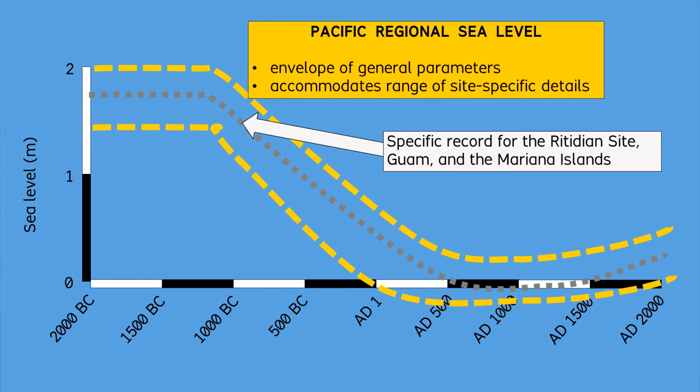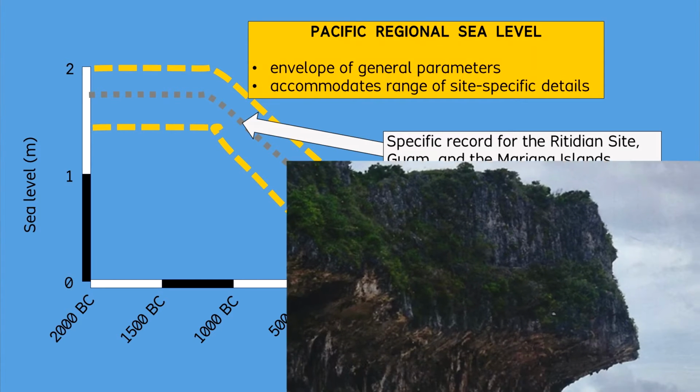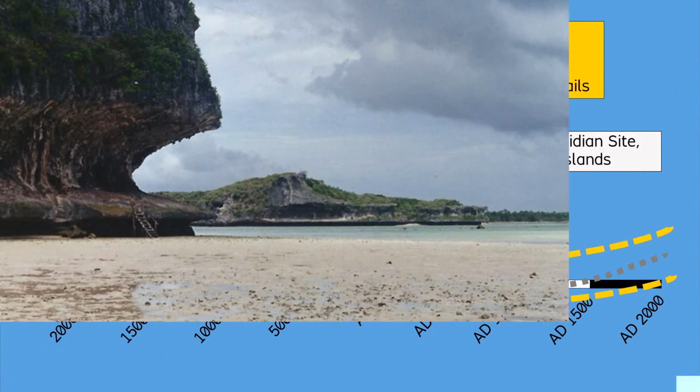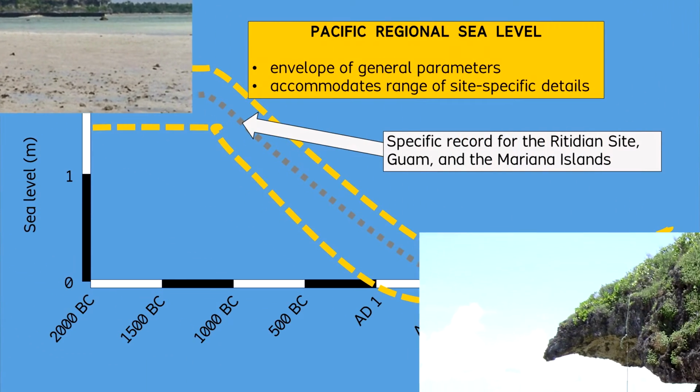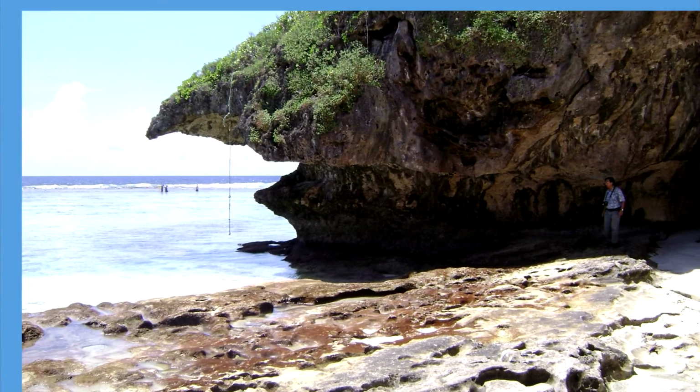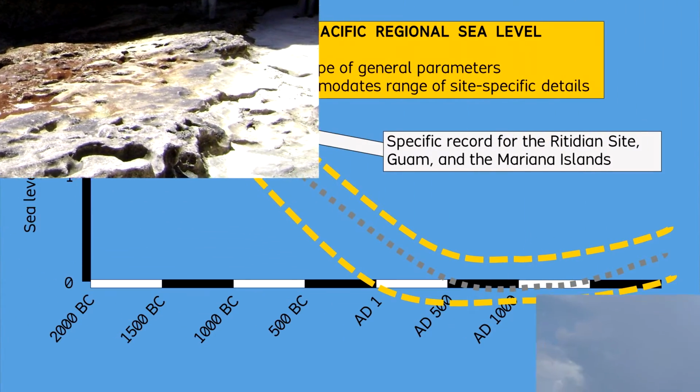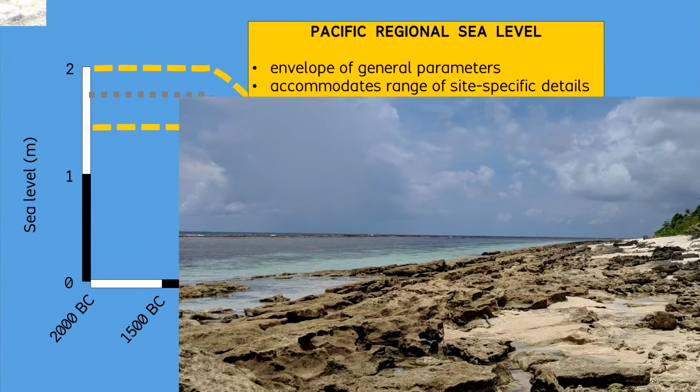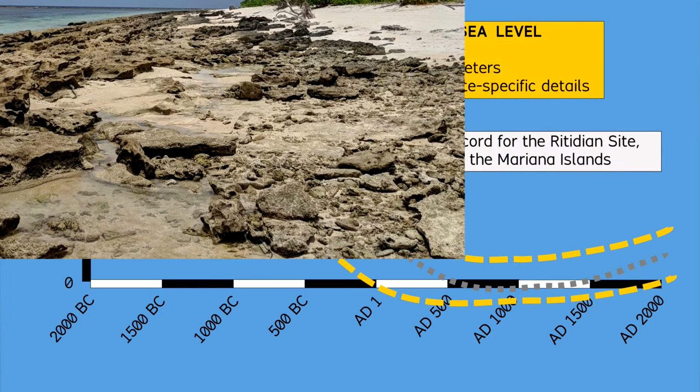The precise timing and the magnitude naturally varied across the Pacific Basin, but the overall picture has been verified cross-regionally. With the cross-regional picture, you can clarify the localized site-specific details.